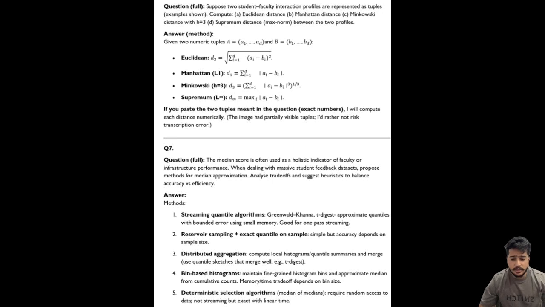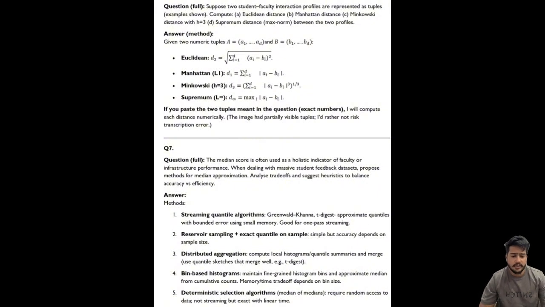Now the third one, distributed aggregation. Compute local histograms or quantile summaries and merge. Use quantile sketches that merge well, for example t-digest. Now the fourth one, bin-based histograms. Maintain fine-grained histogram bins and approximate the median from cumulative counts.